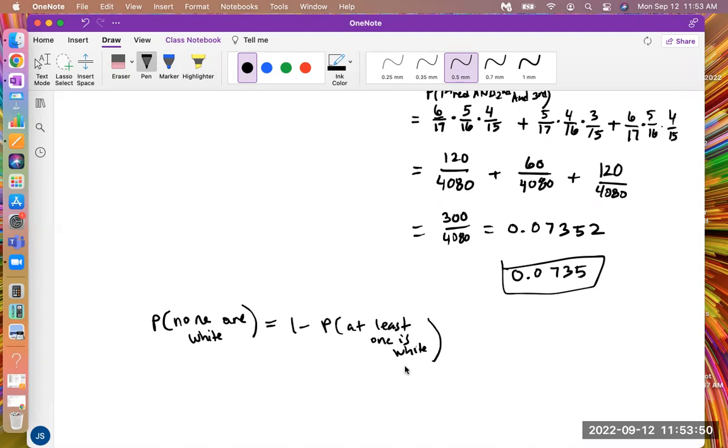Because either at least 1 is white, 1 or more are white, that is, or none are white. I don't think I'm gonna use that. I'm just saying that if that makes things easier, we could use that.